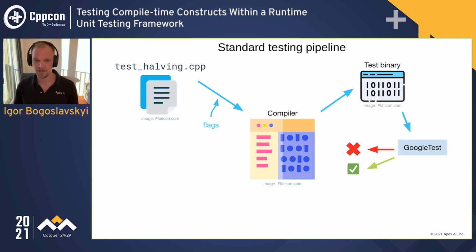We pass this whole thing into the compiler. The compiler does its work and spews out a binary. This is a test binary that uses GoogleTest internally for us. I guess it's also possible with a different testing library, but we use GoogleTest for now. And then GoogleTest says yay or nay: did it pass the test or not? And if it didn't, then it's our job to fix it.